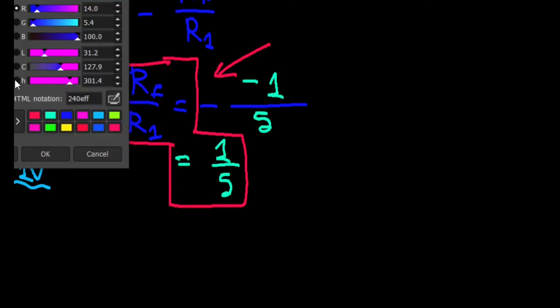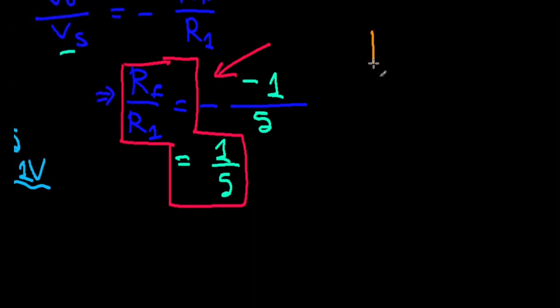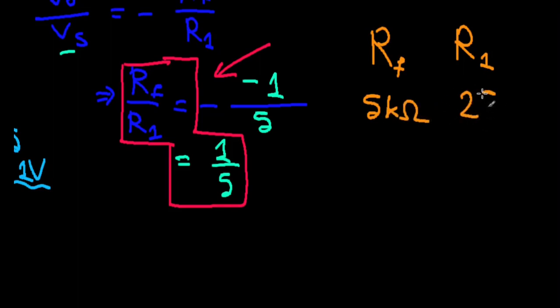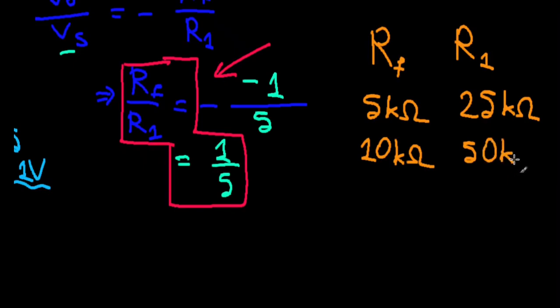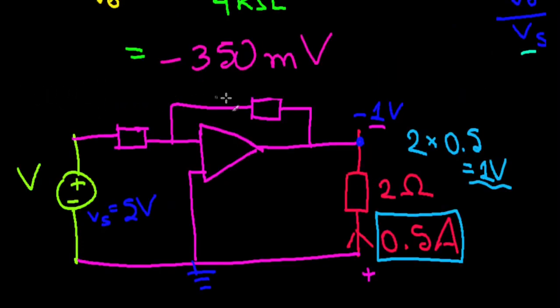On one side let's have R sub F, on the other side R sub 1. You could have a lot of possible answers here. This could be 5 kilo ohms, and that would be 5 times that, 25 kilo ohms. This could be 10 kilo ohms, and this would be 50 kilo ohms. So these are sets of possible answers. You have an infinite number of them. We should just use what's suitable for us.